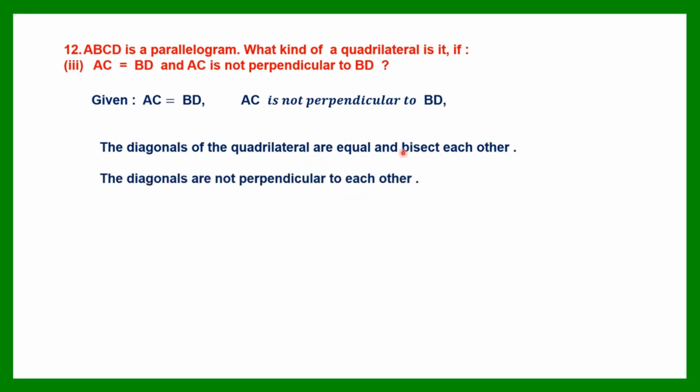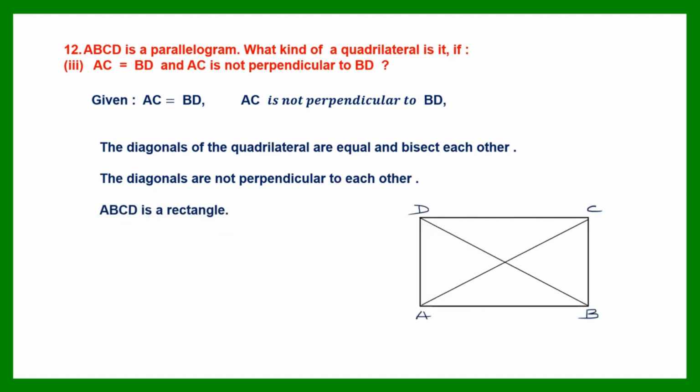It is a rectangle. Let's have a look at this rectangle. Here can you see the diagonals AC and BD? They're equal, but they're not perpendicular. They are not meeting at right angles. So such a quadrilateral is called a rectangle.